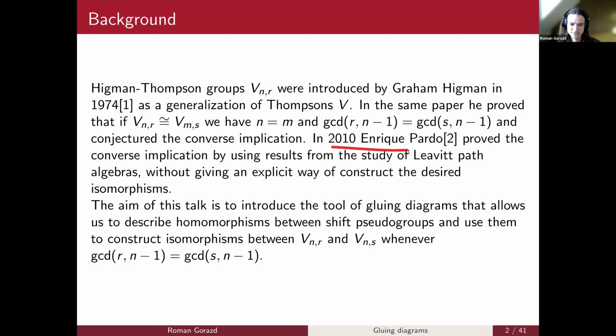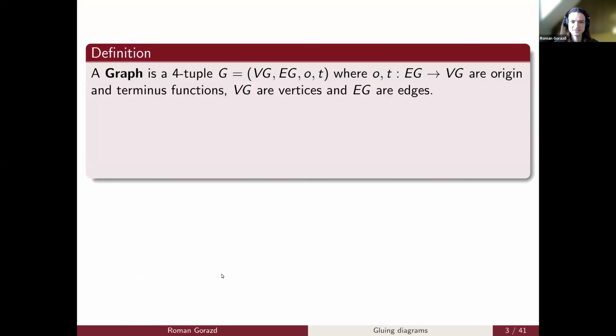I will introduce the tool of gluing diagrams, and the nice thing about gluing diagrams is there are a lot of pictures that I can use. So most of my presentation will just be pictures. Then I will be able to use those gluing diagrams to follow the Euclidean algorithm to construct these isomorphisms.